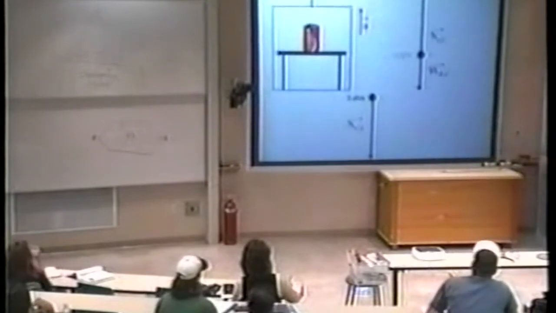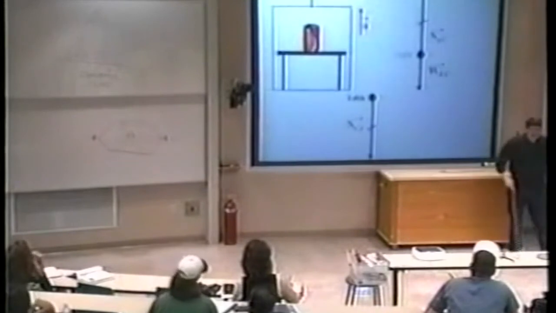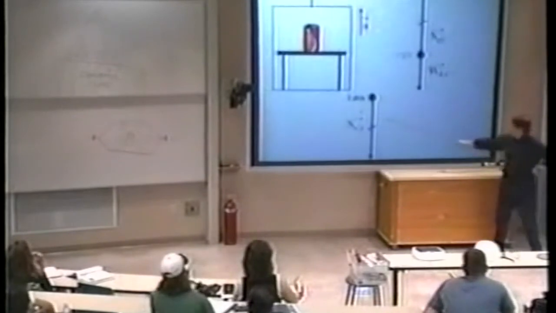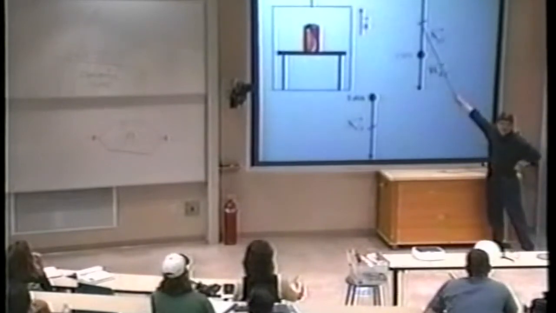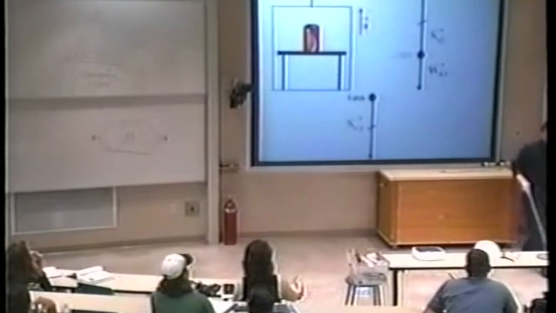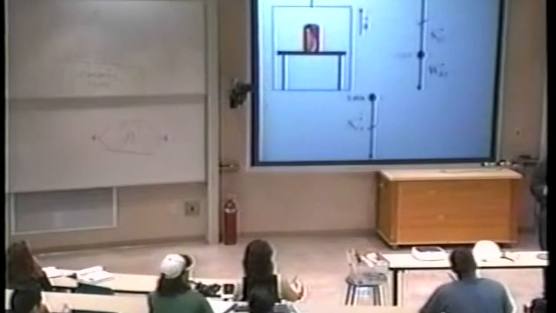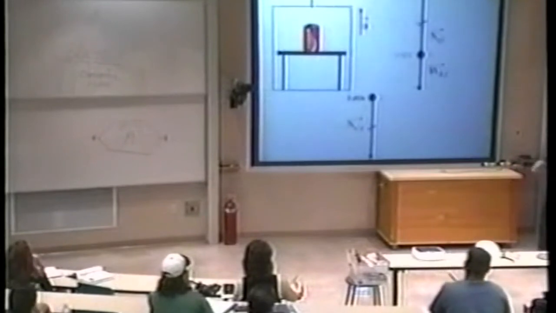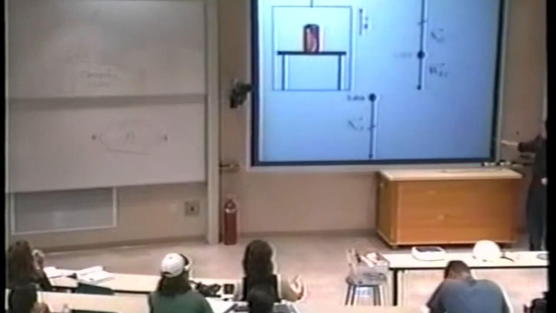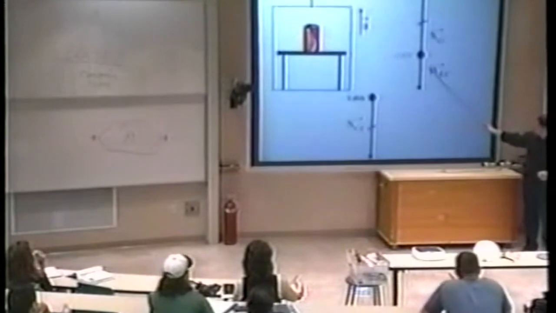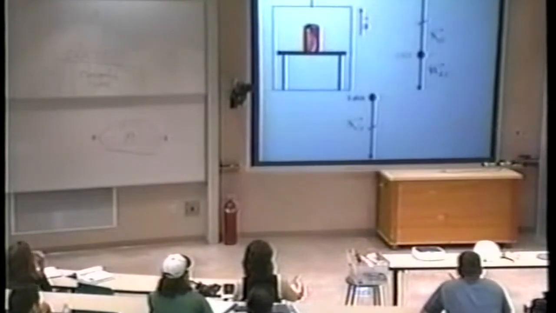And to show that they are companion forces, these tick marks don't just mean they're the same size. They mean they are part of the same interaction. They are always going to be the same size, regardless of how things change around them. Okay? What about this force here, the gravitational force, Earth pulling on the can? What's the companion force to that?